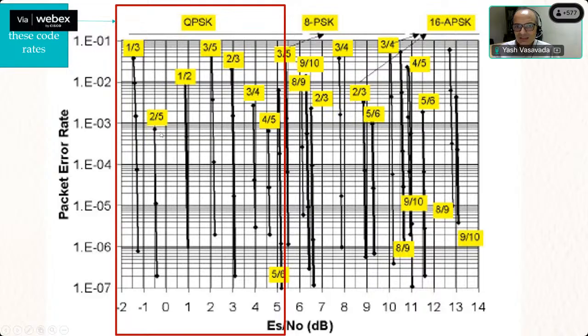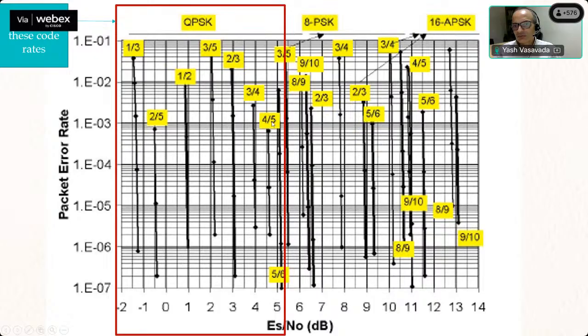So these labels are the code rates. Coding rate, you know what it means. Rate 1/3 means that 1 out of 3 bits is the message, the other 2 are repetition bits. Rate 1/2 means k divided by n is 1/2. K could be 10, n will be 20. K could be 128, n will be 256.